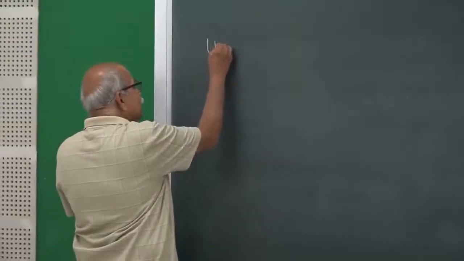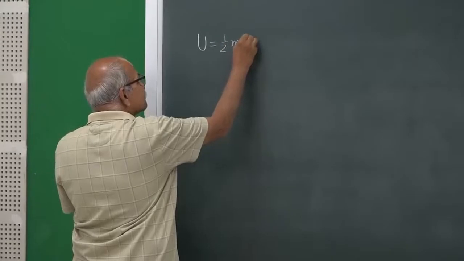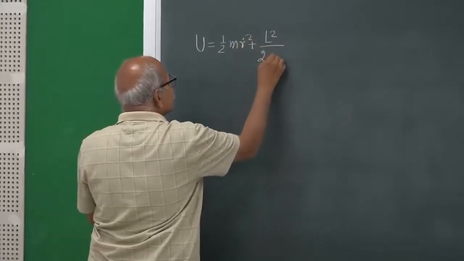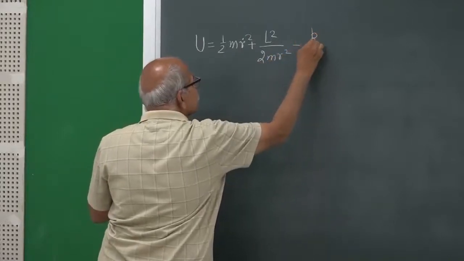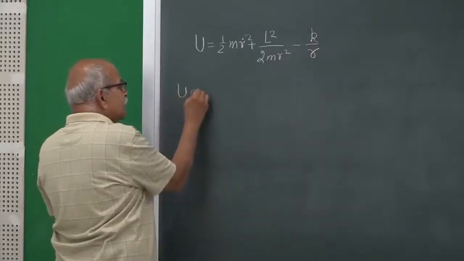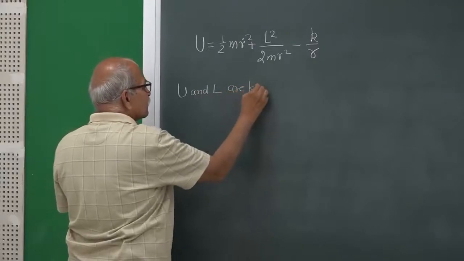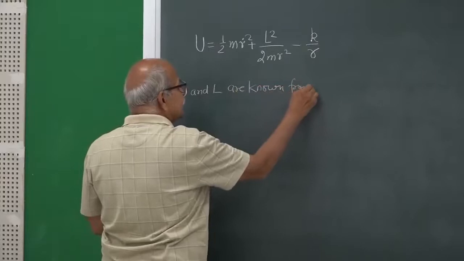U is equal to half m r dot square plus L square by 2 m r square minus k by r. This is the energy expression, and U and L are known from the initial conditions.